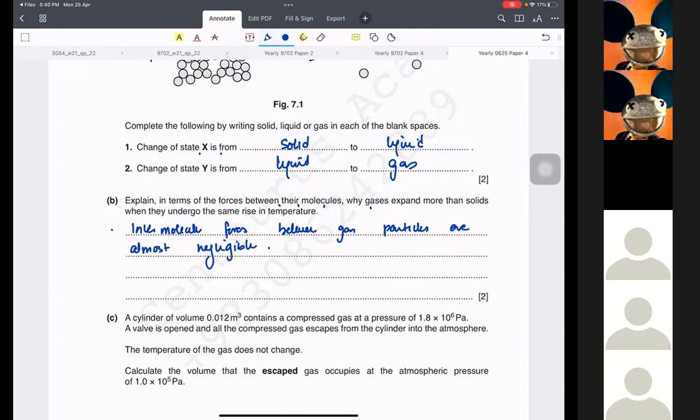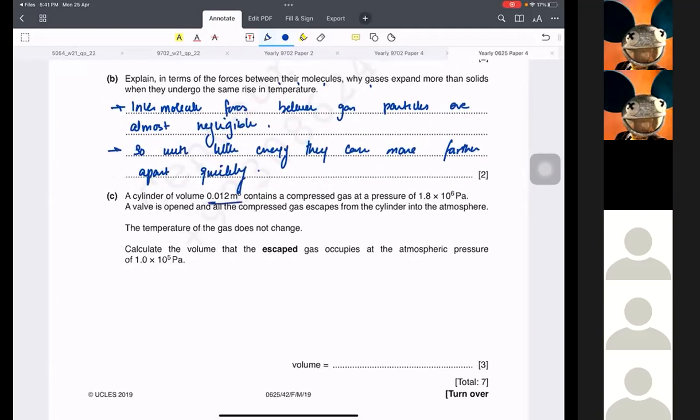Negligible means that even if you don't consider them, they don't really matter. So with little energy, they can move farther apart quickly. So that should be written.